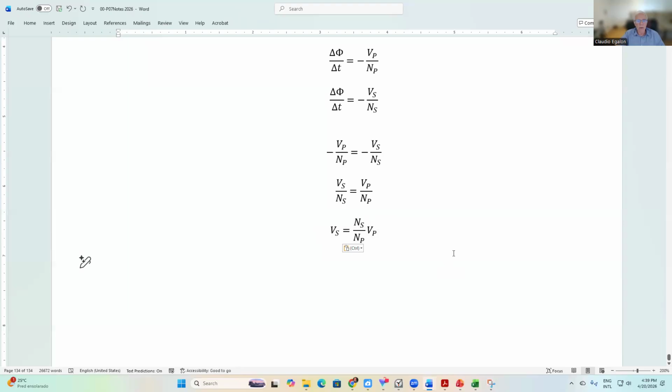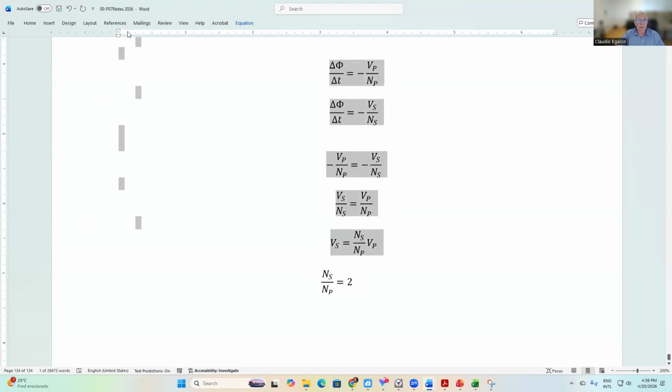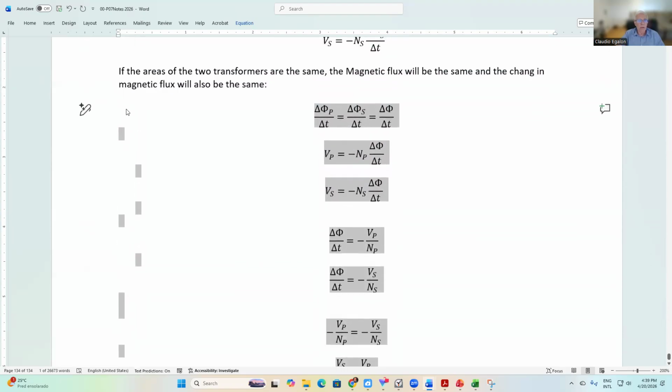Suppose that NS over NP is 2. Suppose the secondary circuit has twice as many turns, twice as many loops, as the primary one.